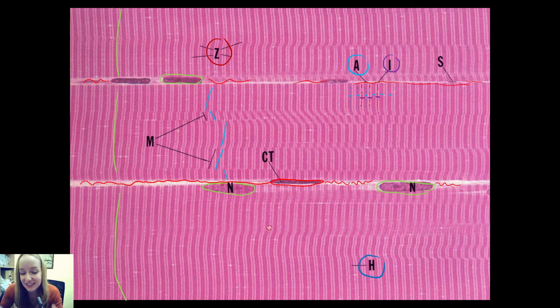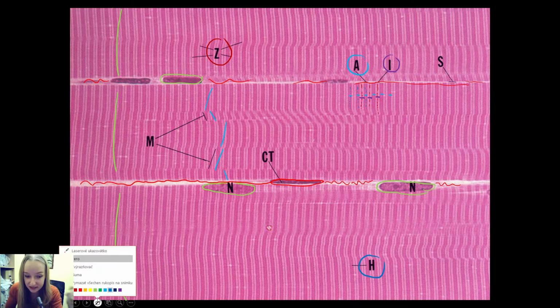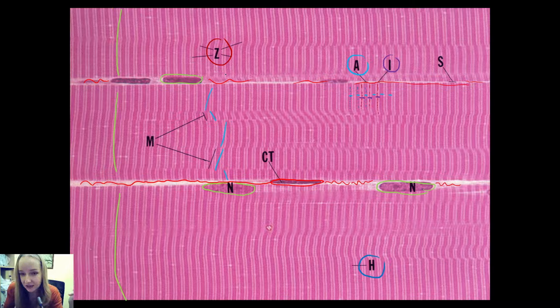And this is the basic structure, the basic unit of one myofibril over here. The basic unit of a myofibril is a sarcomere, and a sarcomere is the unit that goes from one Z line to another Z line. So this is one sarcomere, and this is the next sarcomere, and the next.